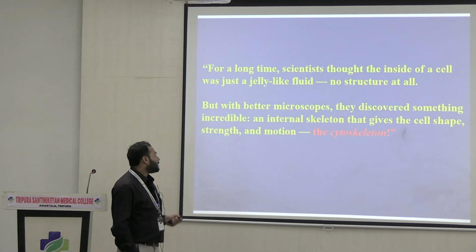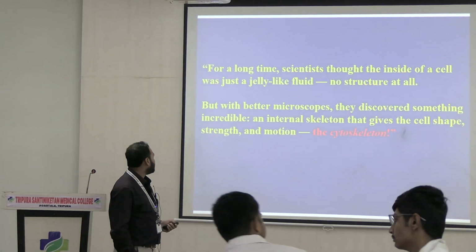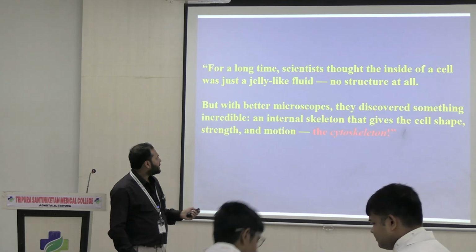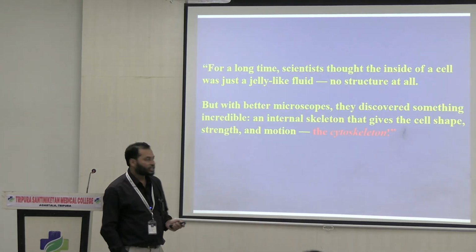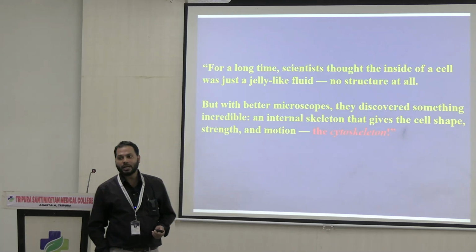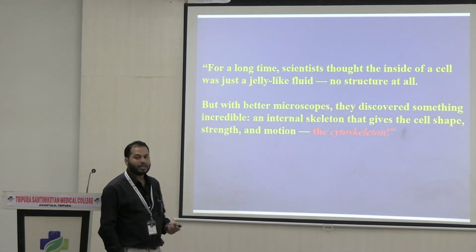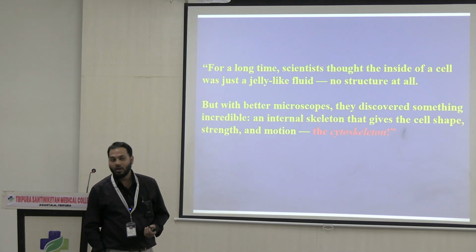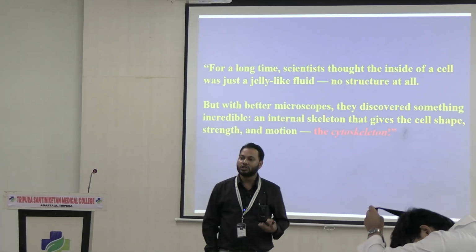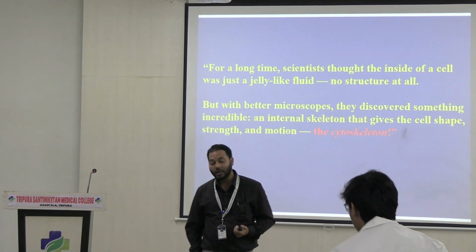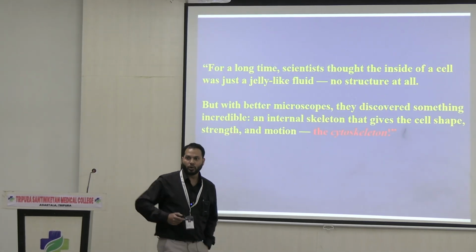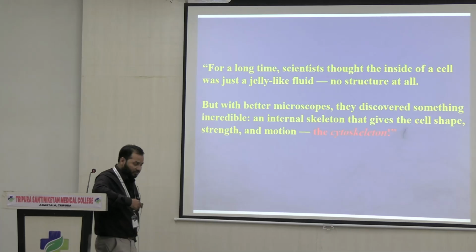But with better microscopes, they discovered something incredible, an internal skeleton that gives the cell shape, strength and motion. That internal skeleton is the cytoskeleton. So in these lectures, I will try to explore the exact structural basis of the cytoskeleton, what the motor proteins are, and how these motor proteins interact with the microtubule.